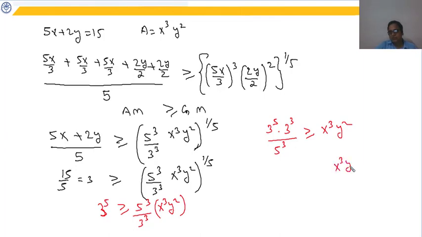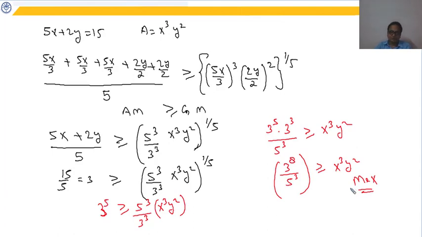So x cube y square has maximum value as 3 to the power 8 upon 5 to the power 3. So we say the maximum value of x cube y square is this value or it is less than this.